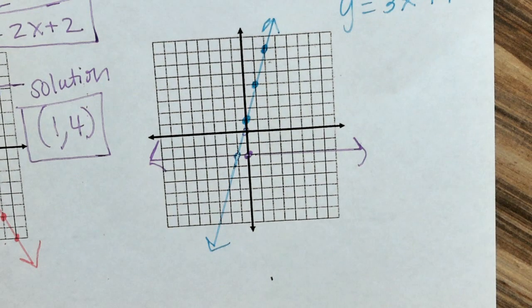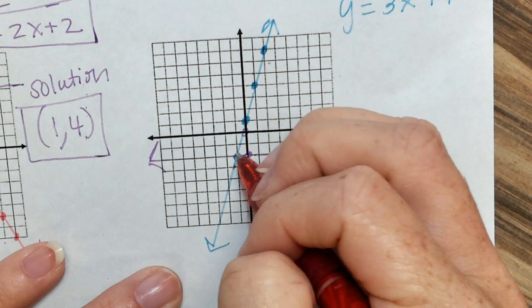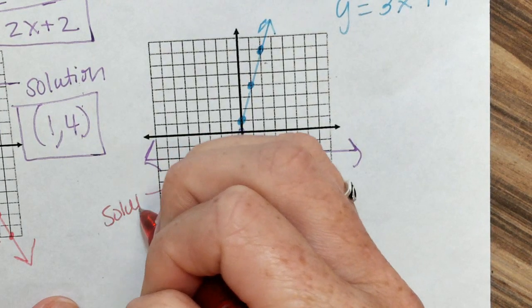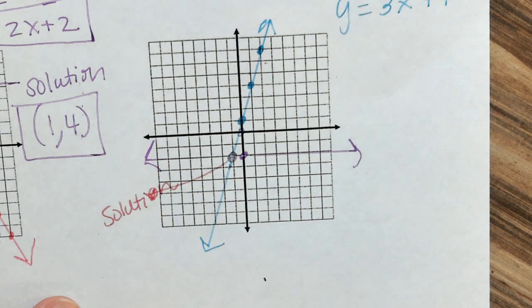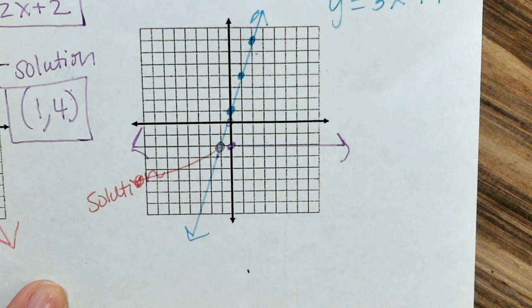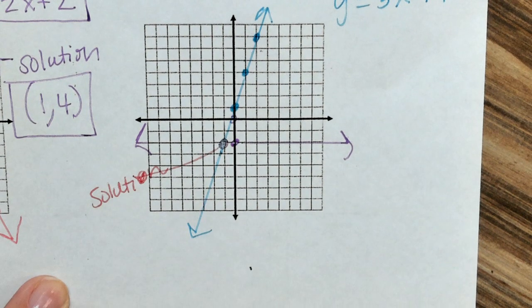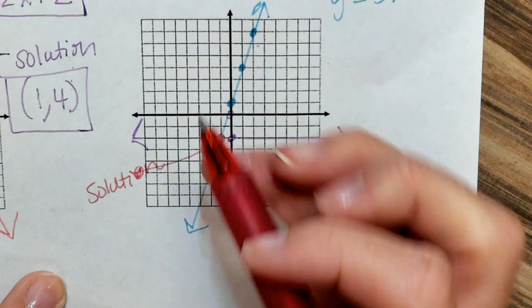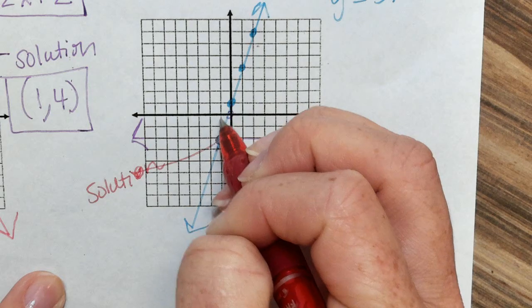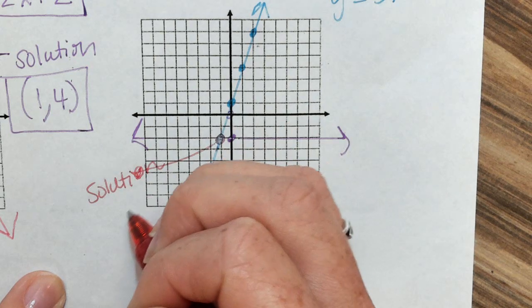And their solution is right here. Why is this the solution? Because it's where they meet. So I need to write their solution as a coordinate. Where am I at? Right here on the x-axis, -1.